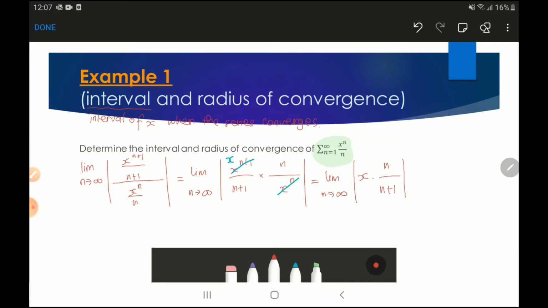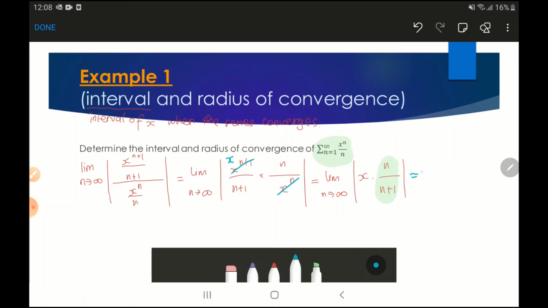As you can see, when we evaluate the limit as n goes to infinity, we don't really care what happens with x here, right? We consider the n only. So if we evaluate the limit of n over n plus 1 when n approaches infinity, it is actually 1.